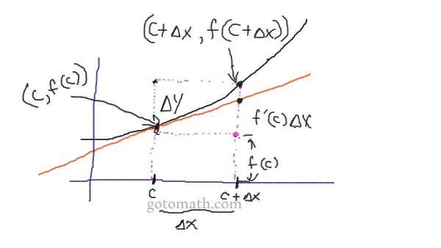You see, when delta x is small enough, f prime of c times delta x is really approximately delta y. As you can see here, as this distance gets smaller and smaller, this f prime of c times delta x is really approaching the delta y here.